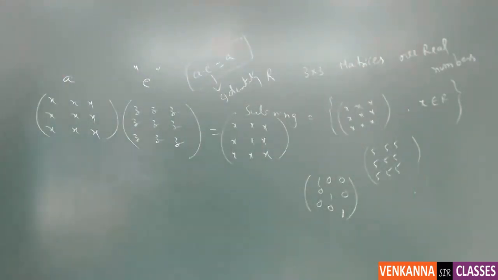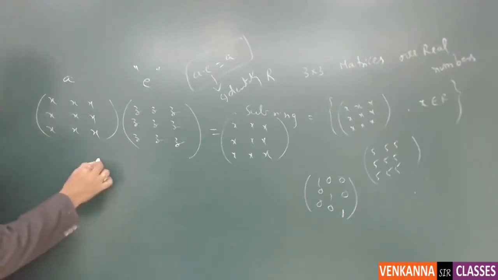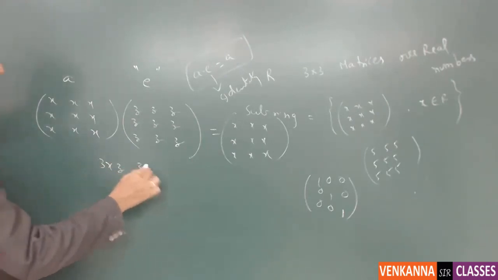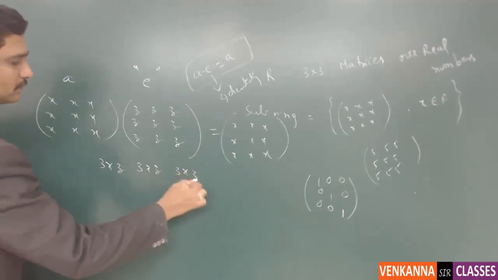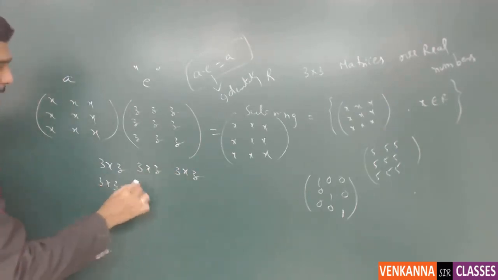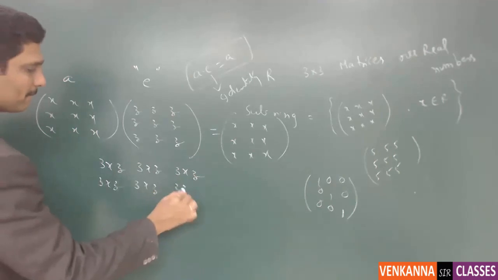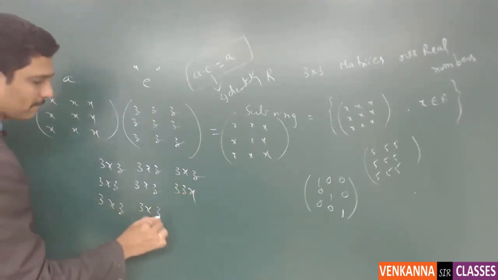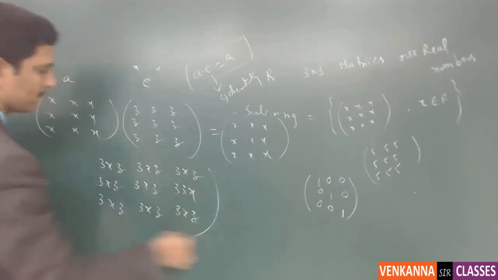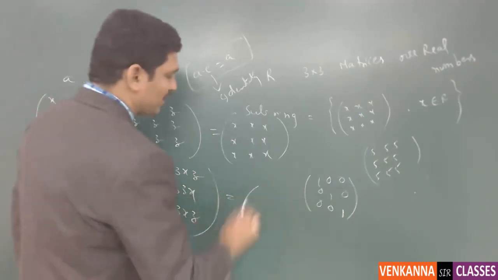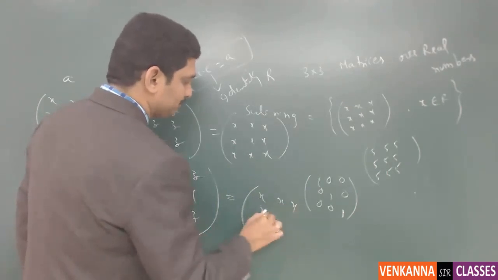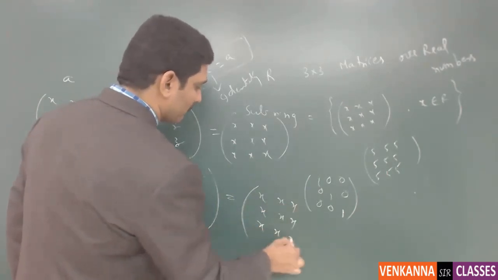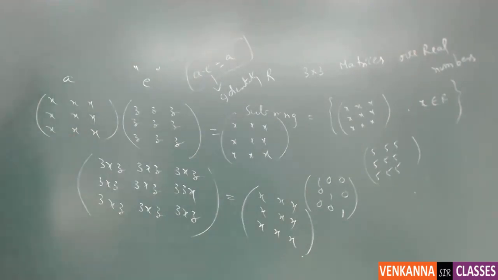Accepted. So if you multiply these two, you will get 3xz always. This is equal to the value x. So if you equate the corresponding values, you will get that z is equal to 1 by 3.